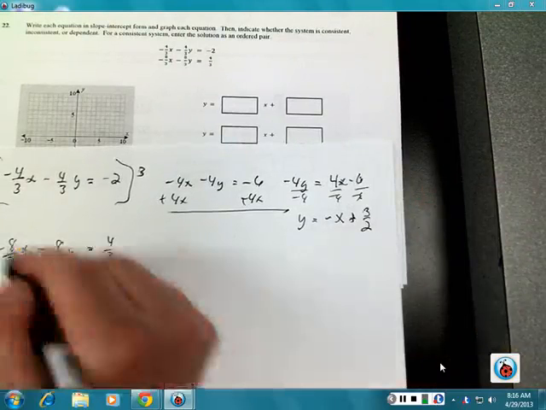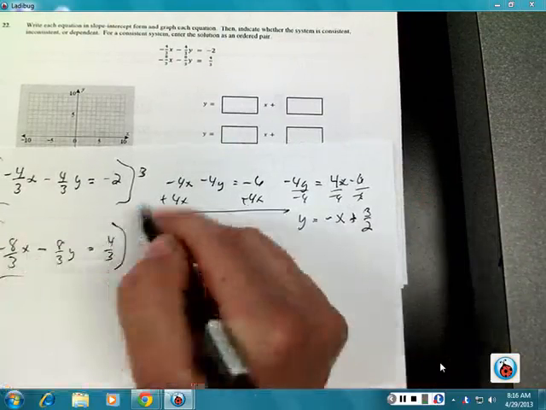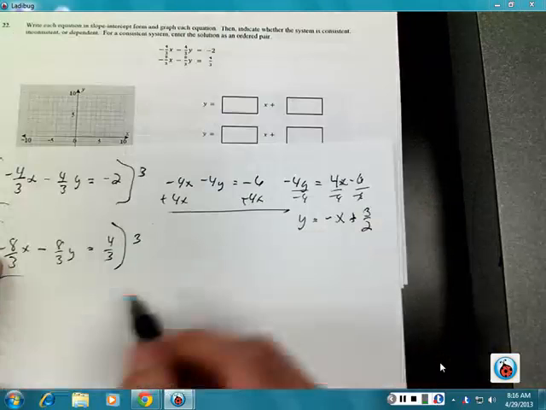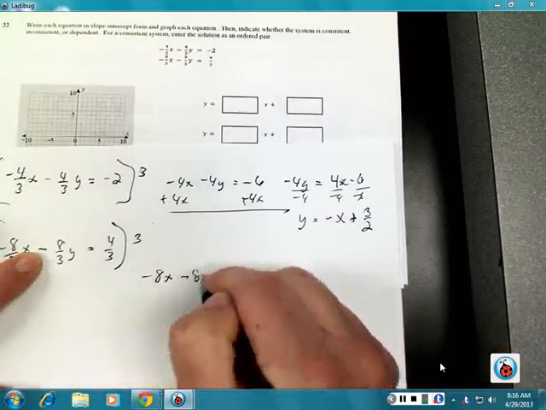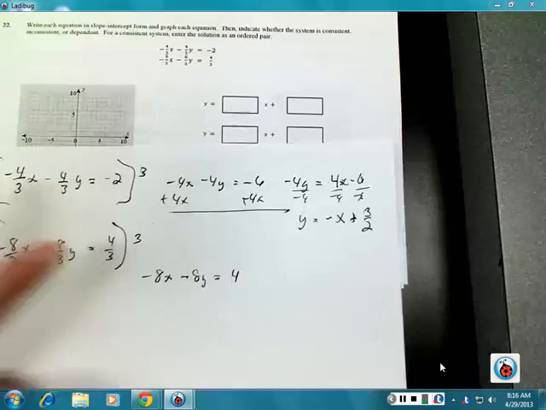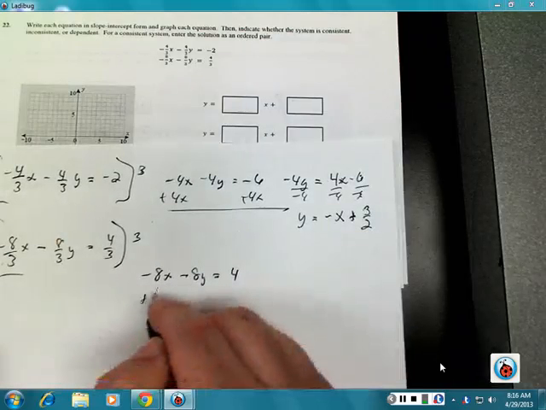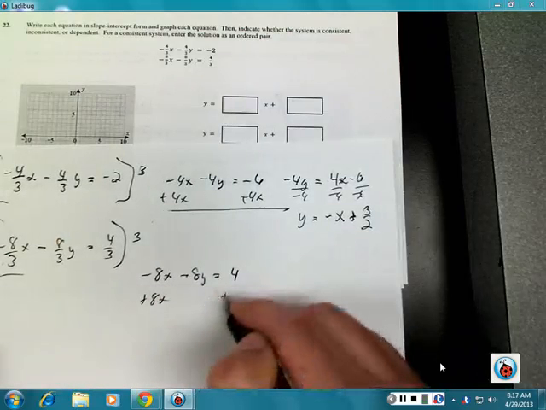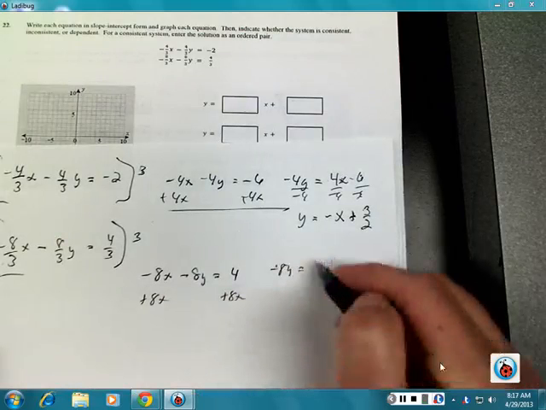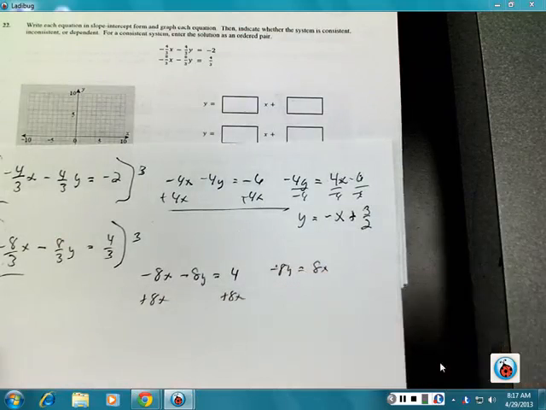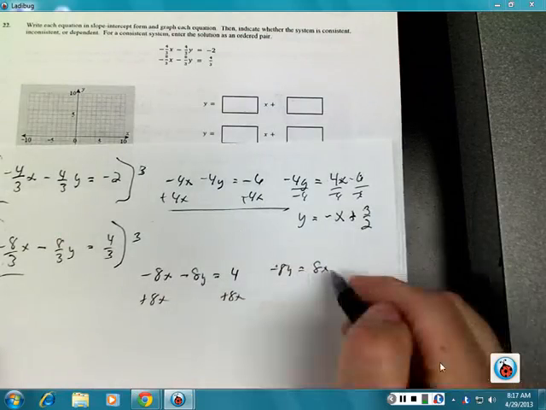Do the same thing with the second one. And so the 3's cancel, leaves me negative 8x minus 8y is equal to 4. Same thing, add 8x gives me a negative 8y is equal to 8x plus 4.